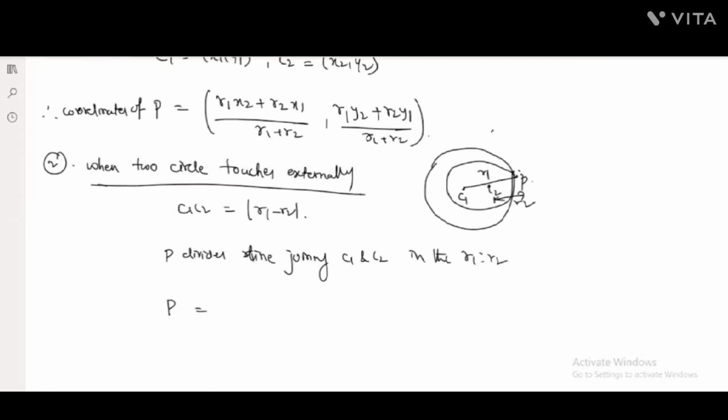How can we find P? It is (R1 x2 minus R2 x1) by (R1 minus R2), comma (R1 y2 minus R2 y1) by (R1 minus R2). So this is the last topic for this video.